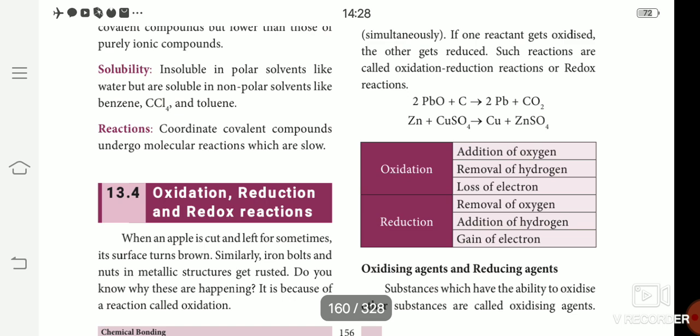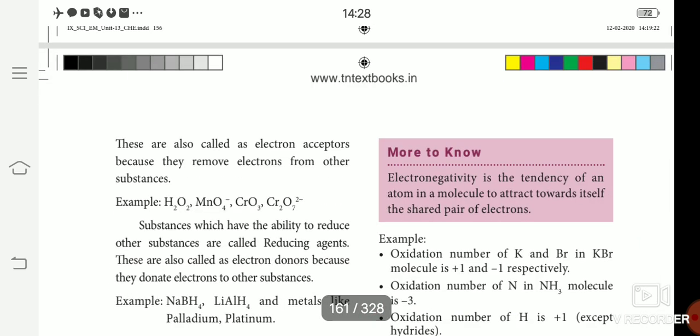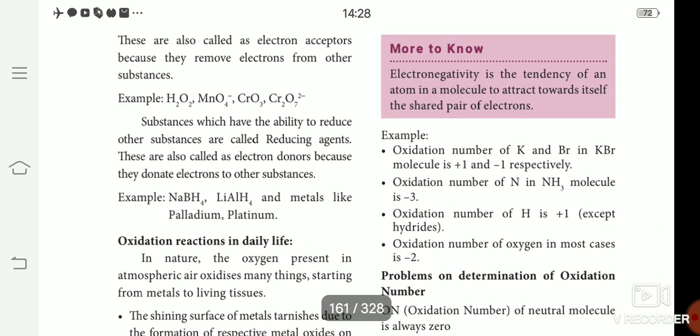Some examples are H2O2, hydrogen peroxide, MnO2 manganese oxide, chromium oxide CrO3, and Cr2O7 2 minus. The 2 minus is the oxidation number.